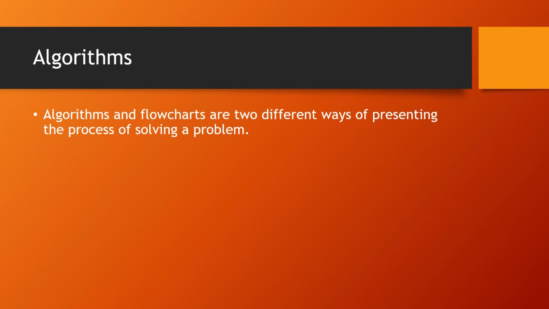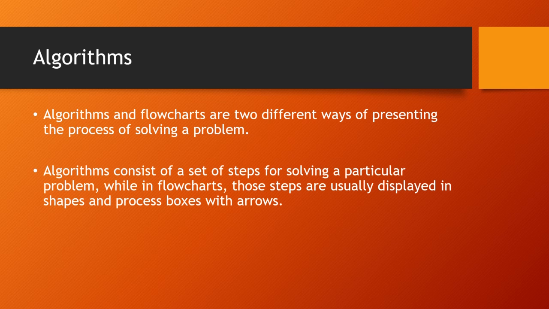So algorithms and flowcharts are two different ways of presenting the process of solving a problem. Algorithms consist of a set of steps for solving a particular problem, while in flowcharts, those steps are usually displayed in shapes and process boxes with arrows.